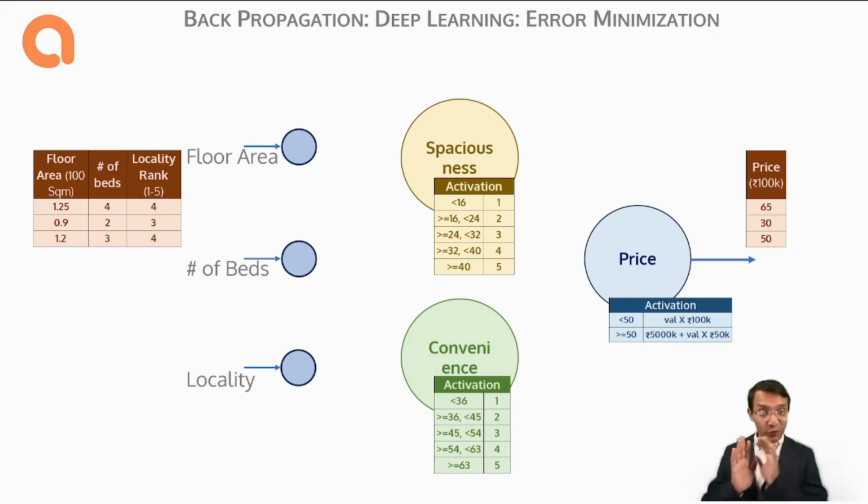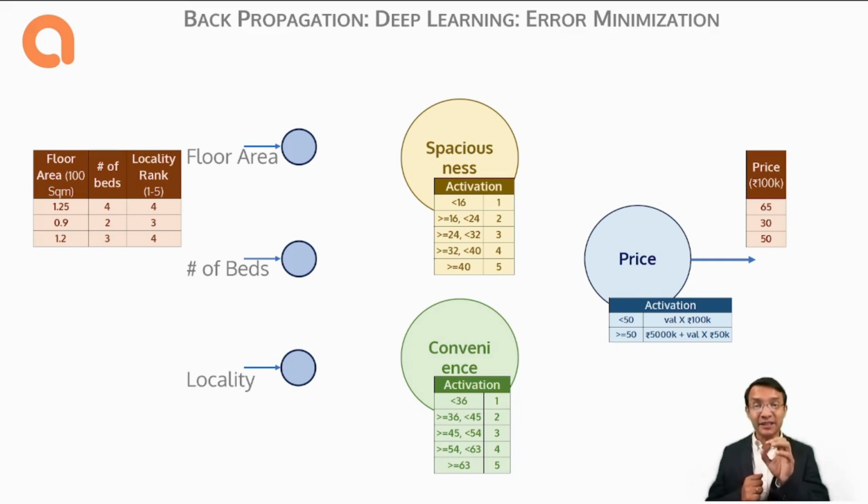Therefore, to train our entire neural network, we first need to train how price depends on spaciousness and convenience, that is, the pattern of changing price according to spaciousness and convenience.